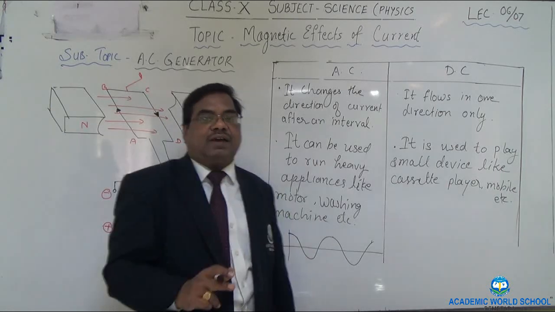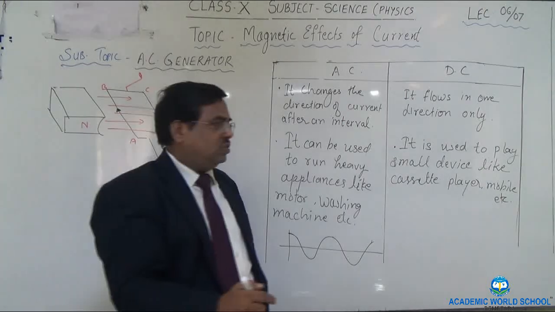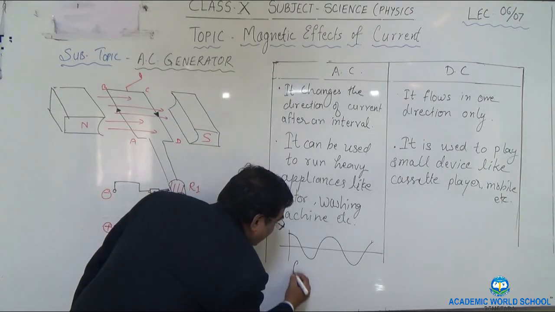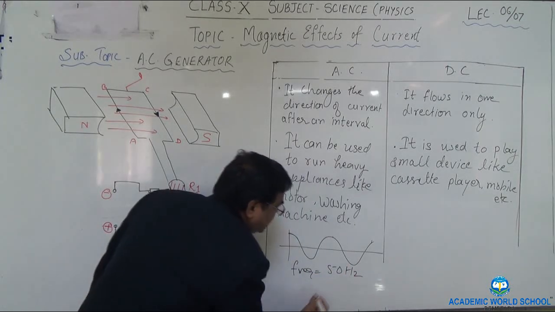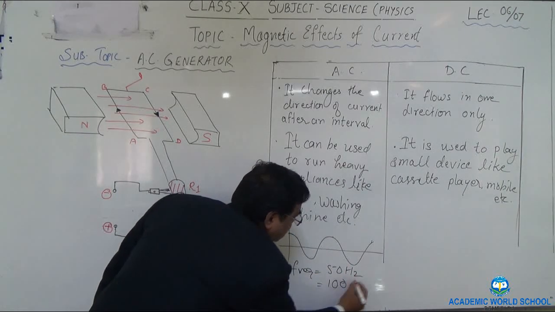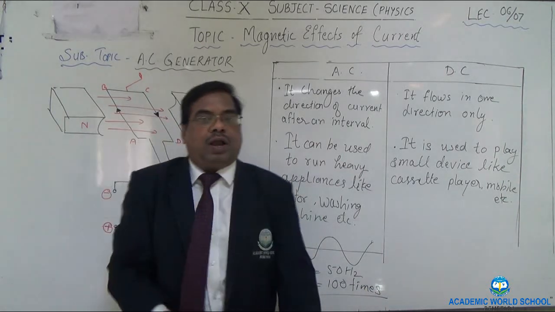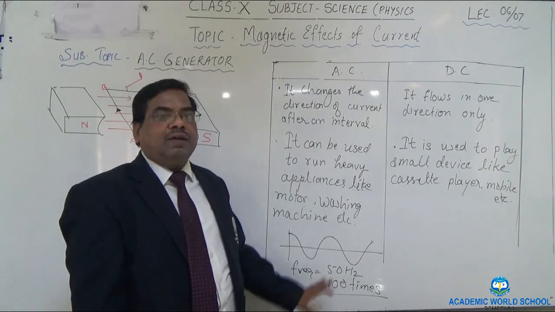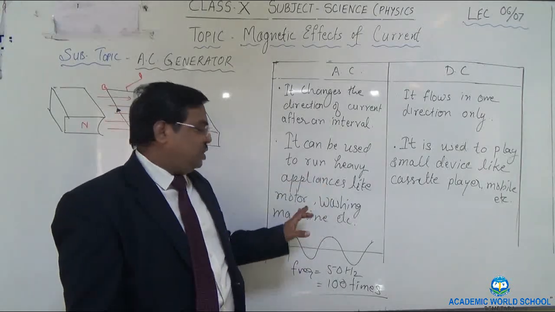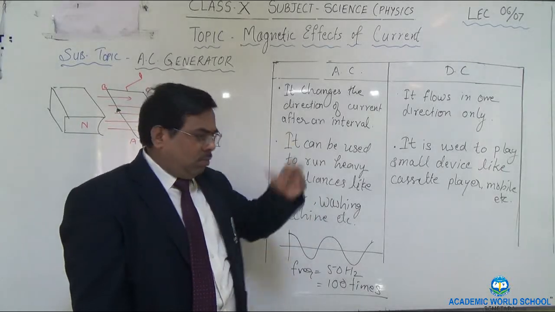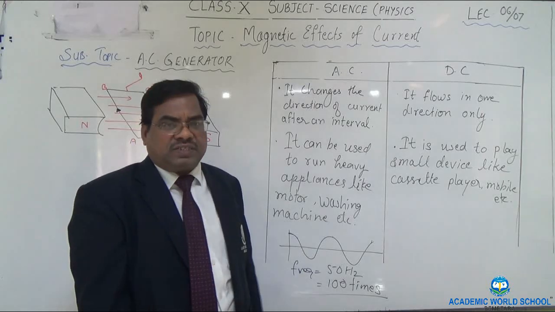So in one cycle, there are two changes of direction. If the frequency in India is 50 Hertz, that means the direction changes 100 times. Moreover, AC is used to run heavy machines like washing machine, motor, air conditioner, etc. Even in factories.